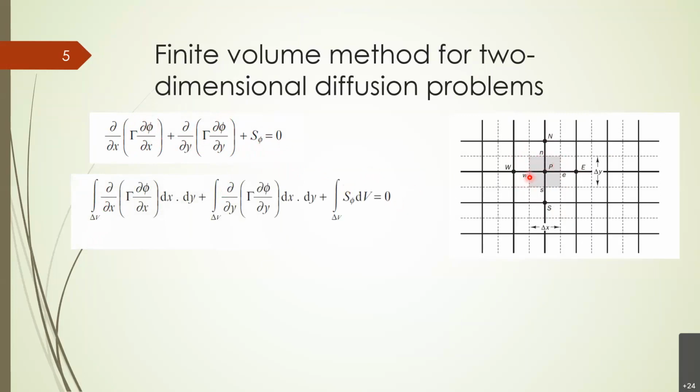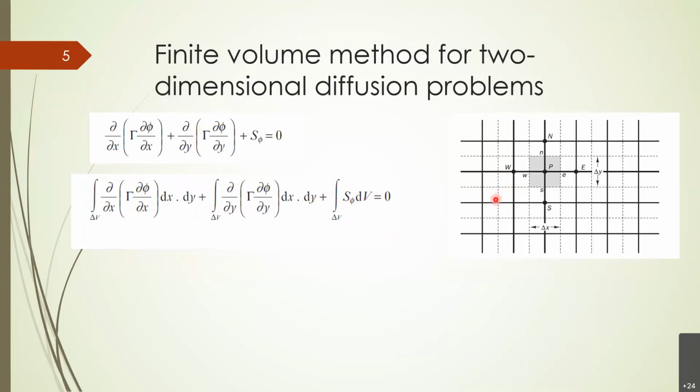The same thing, it's w, small w, small n, small e, small s. It's the same as in one dimension. So from this equation, we get the integration over delta V of del over del x, gamma del theta over del x, dx dy, plus the integration over the control volume of del over del y, gamma del theta over del y, dx dy, plus the integral over the control volume of S theta dV equal to 0.